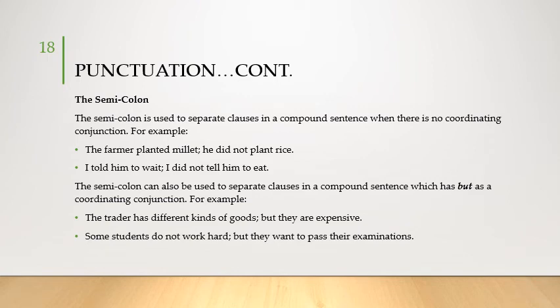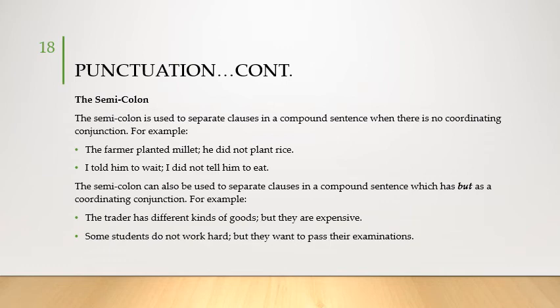Now, the semicolon can also be used to separate clauses in a compound sentence which has but as a coordinating conjunction. For example, the trader has different kinds of goods; but they are expensive. Or some students do not work hard; but they want to pass their examinations. So in these two examples, the semicolon is used to separate the clauses in compound sentences which have but as the coordinating conjunction.